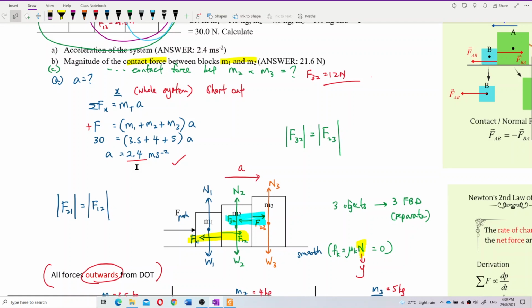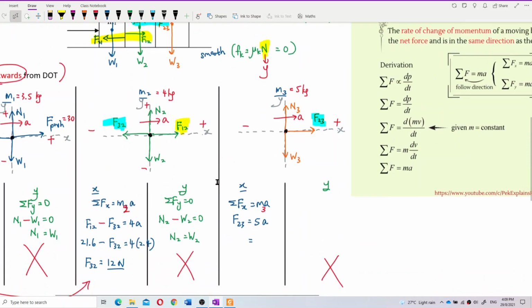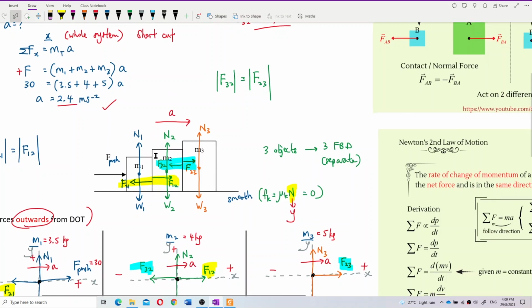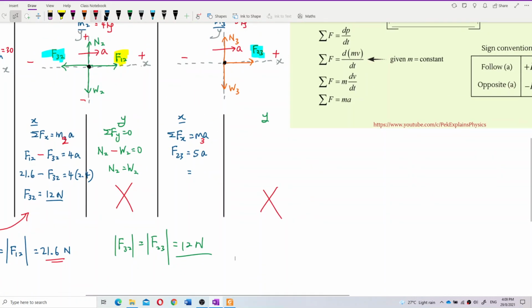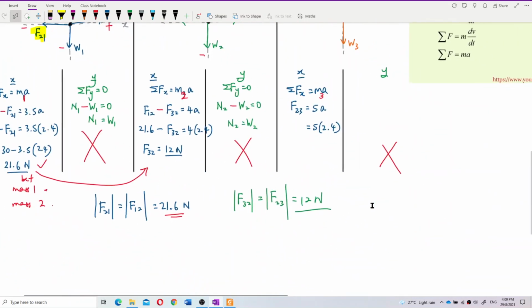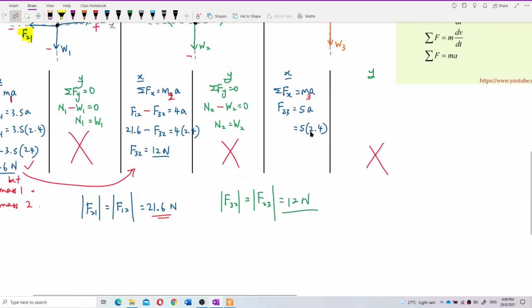So let's substitute 2.4 into this part. Acceleration is 2.4, isn't it? Let's substitute it here and see what we get for F23. Let's calculate. 5 times 2.4, we get, oh, the magical 12.